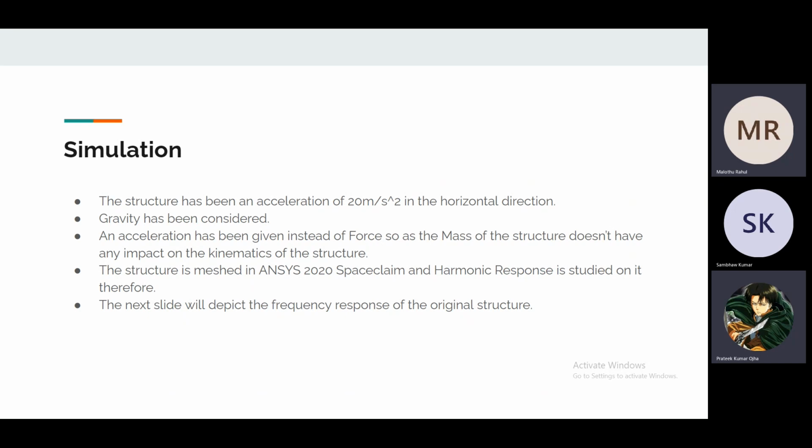This is because we have kept in mind that for large forces, the acceleration of the system will decrease. So we have kept a constant acceleration, and the system has adapted the forces according to it. This ensures that the mass of the structure will not have any impact on the kinematics of the structure. So the next slide will depict the frequency response of the original structure.